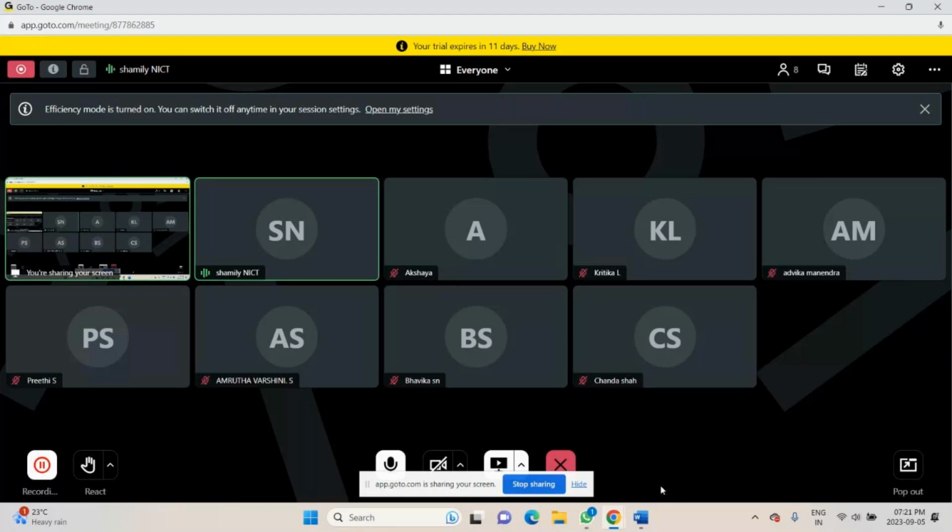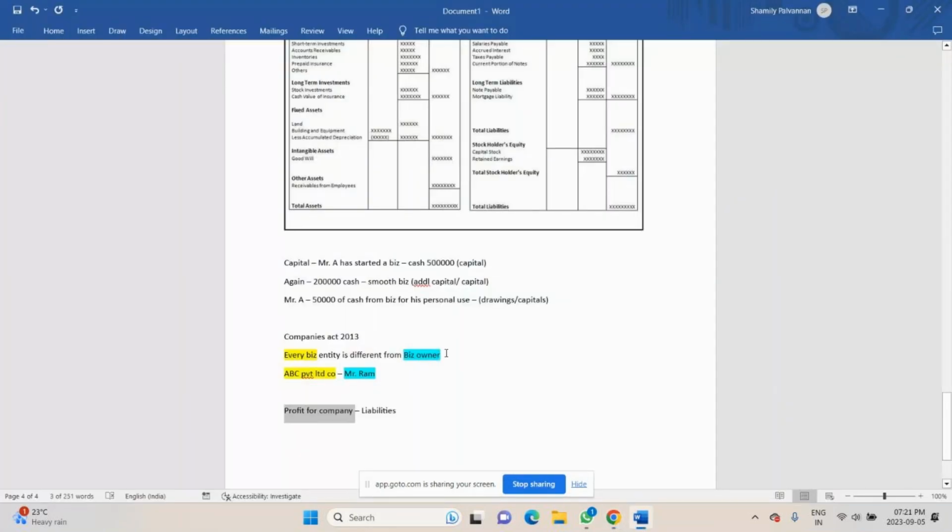So it is a profit that is given to the owners. Why? Because we treat both as two different persons. That means a business is earning a profit, and this profit has to be given to the business owner.